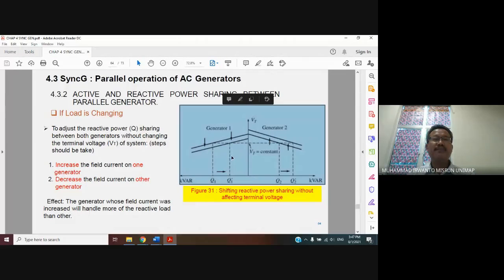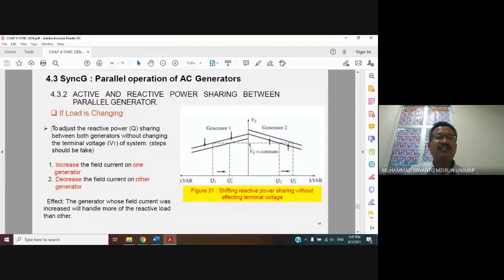So to adjust the reactive power Q sharing between both generators without changing the terminal voltage of the system, some steps can be done. Increase the field current of one generator, for example when the total reactive power changes, meaning Q1 plus Q2.